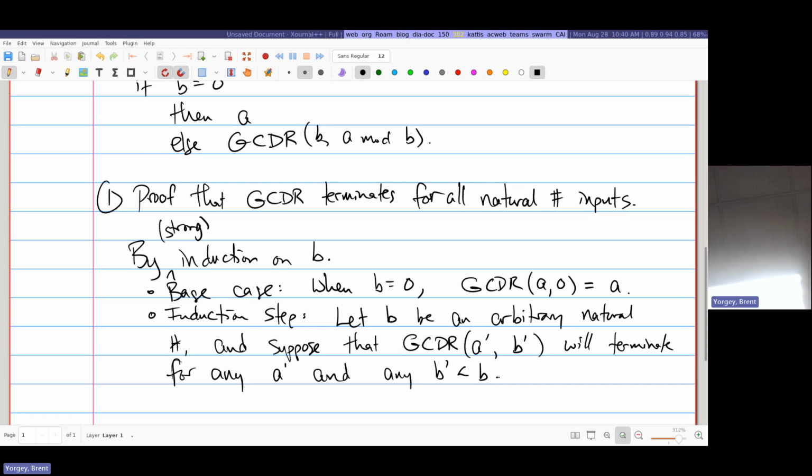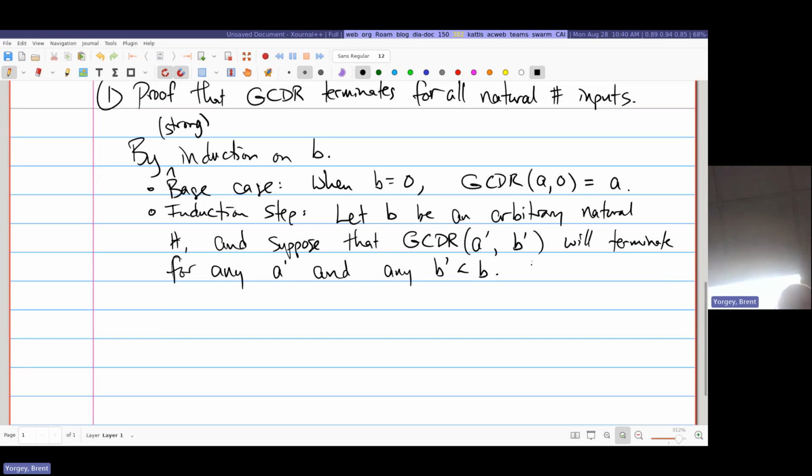Now we just need to show that it's also going to terminate when we call it with B. So we must show GCDR A B will terminate.